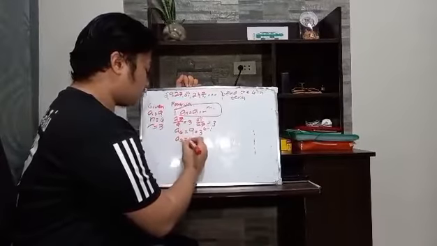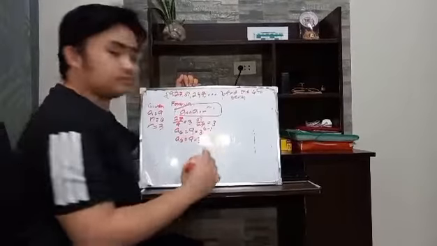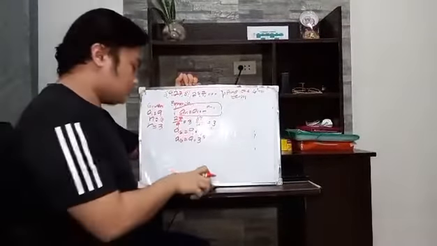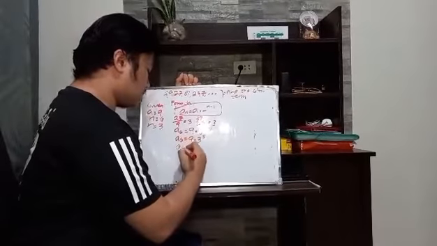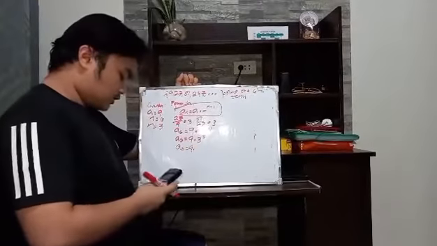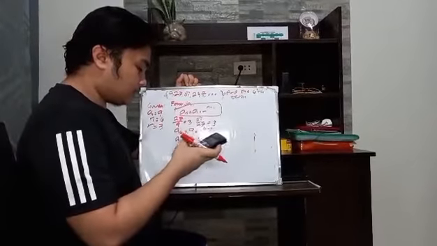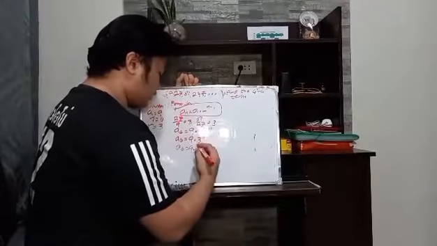A sub 6 is equal to 9 times 3 raised to the power of 5. 3 raised to the power of 5 is 243.